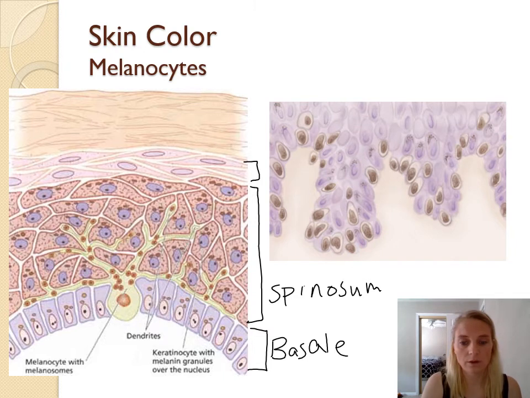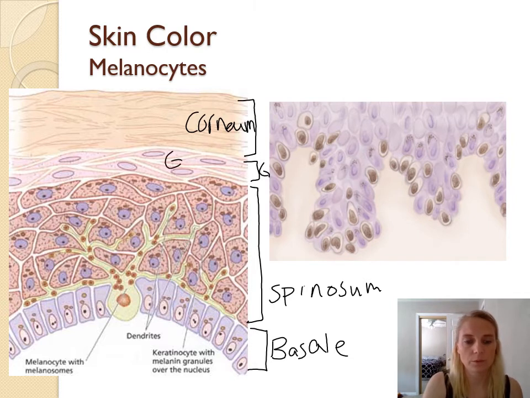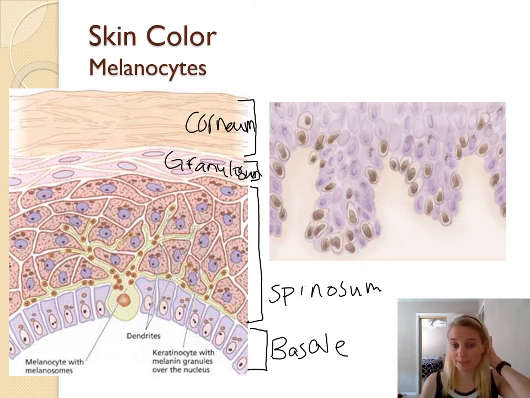This will be our granulosum, and this will be our corneum. Granulosum over here. So by looking at these layers, can we determine whether this is thin skin or thick skin? Well, since there's no lucidum, it's thin skin, and the corneum's a little bit thinner.